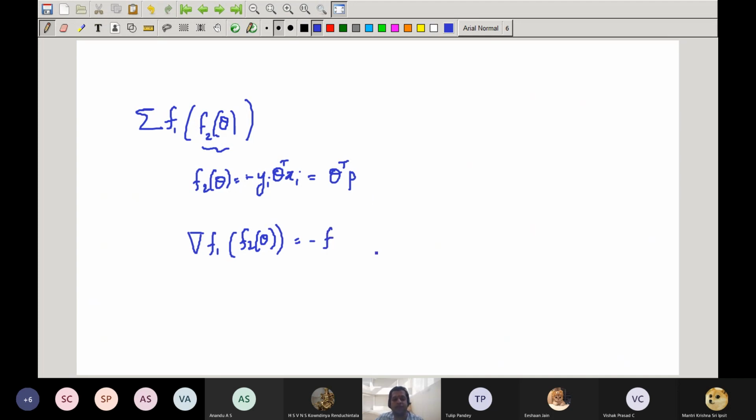Will we have F1 derivative times F2 of theta, into P transpose? P has all of the pi if you want, pi transpose. And if I substitute for F1 dash, what is F1 dash?